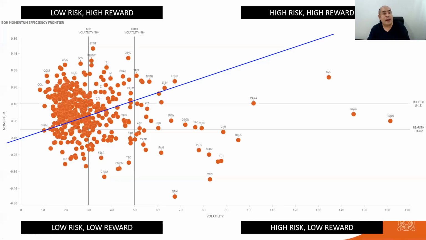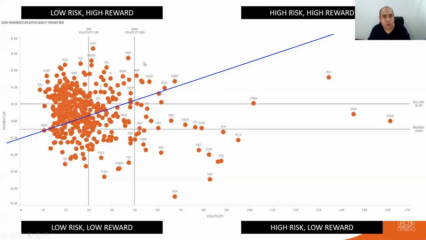And even then, if you wanted less volatility, but the same type of returns or better momentum returns, then you're better off moving leftwards where there's higher reward. You're more rewarded with momentum. Trades like SYNTM, PRMW have lower volatility but higher momentum returns.